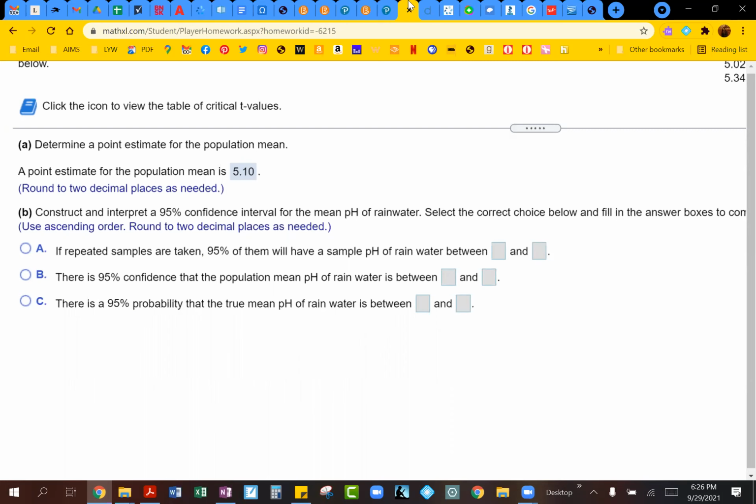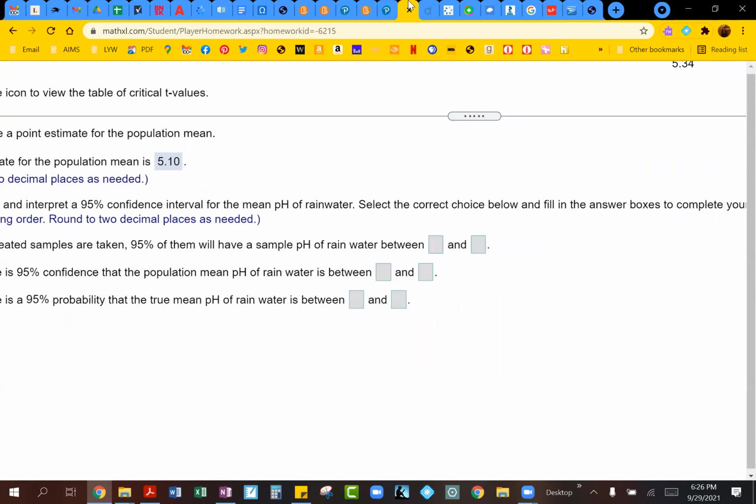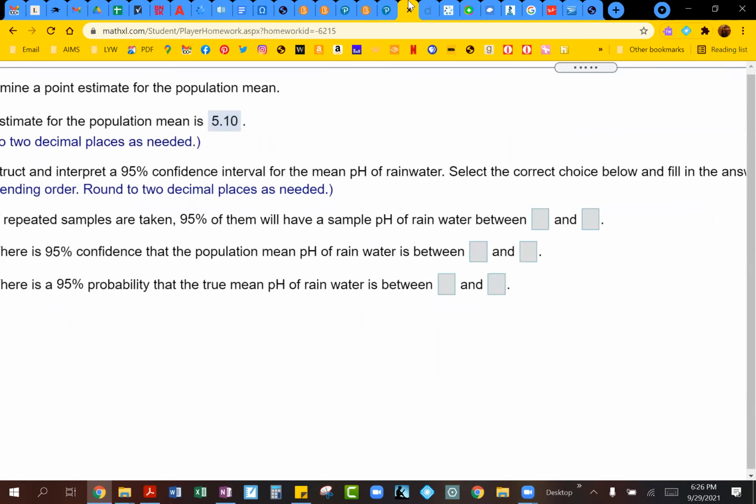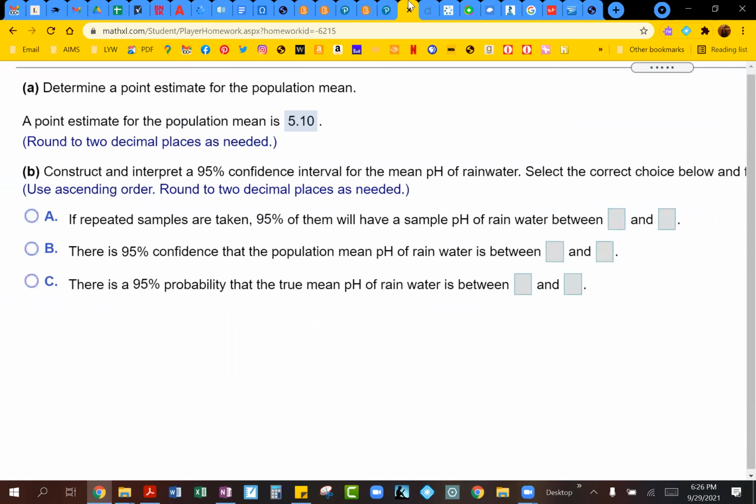Construct and interpret a 95% confidence interval for the mean pH of rainwater. And this one is talking about the 3 options. If repeated samples are taken, 95% of them will have a sample pH of this. There is a 95% confidence that the population mean of pH water is such and such, and there is 95% probability for the true mean to be whatever.